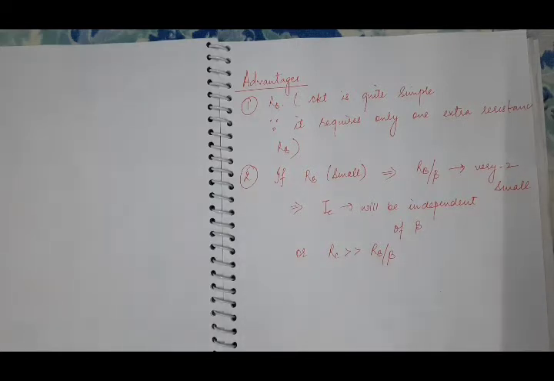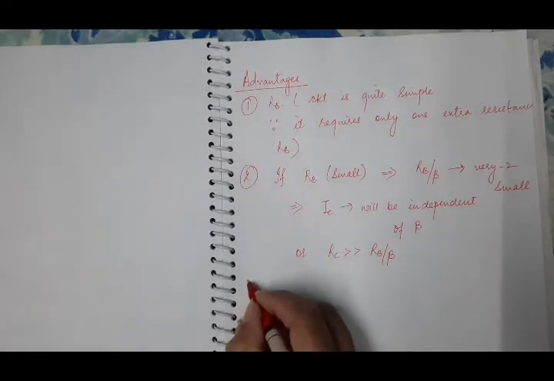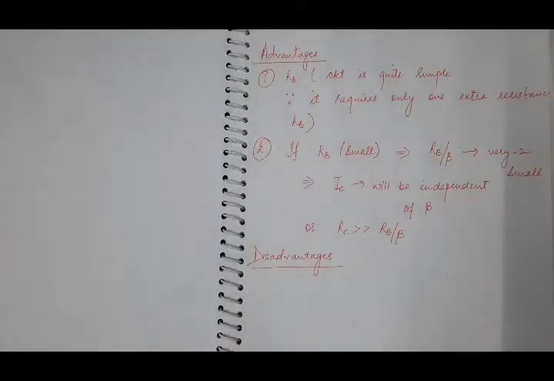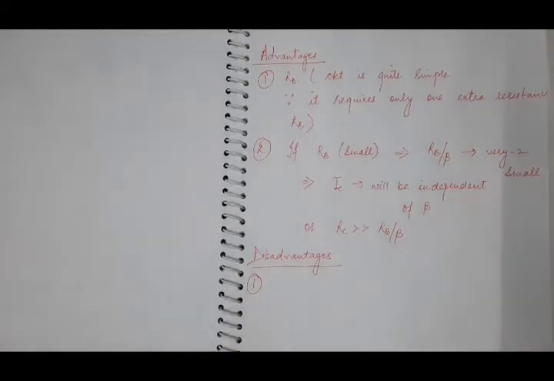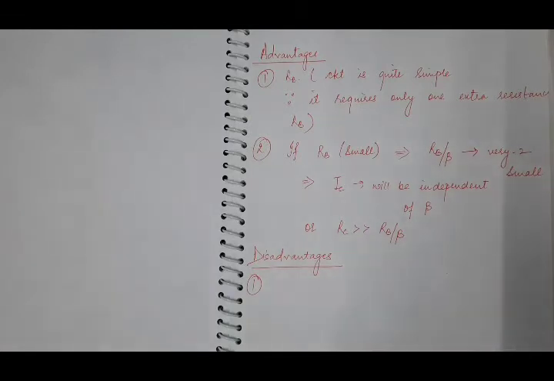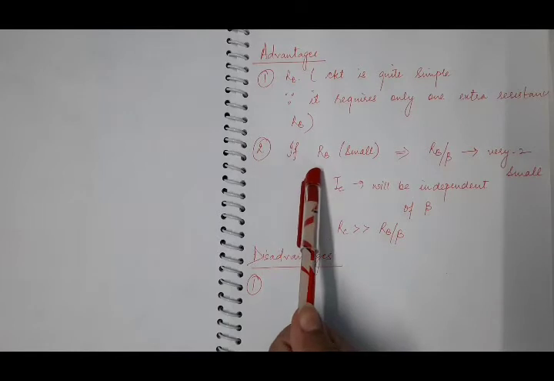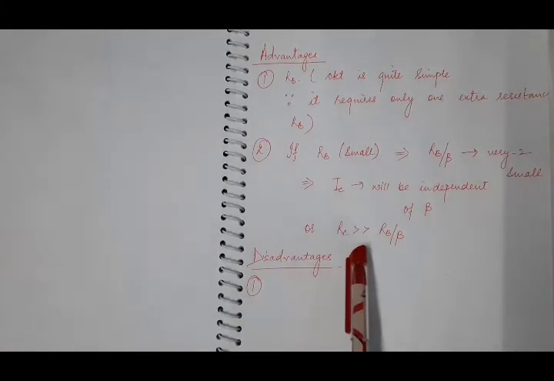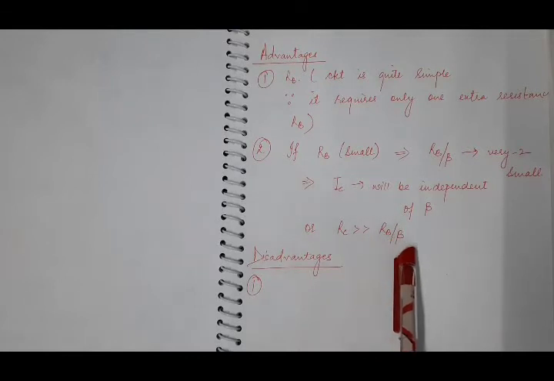Then come the disadvantages. The first disadvantage is that if you do not make this RC much greater than this RB by beta, then it will not provide very good stabilization.